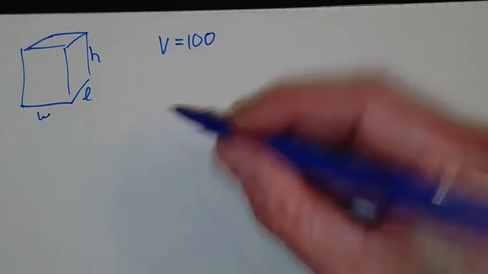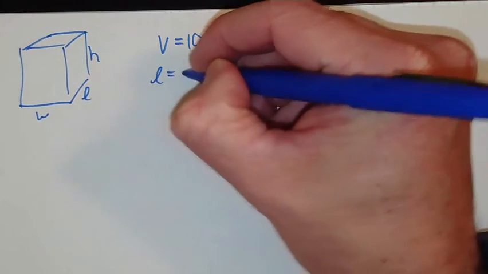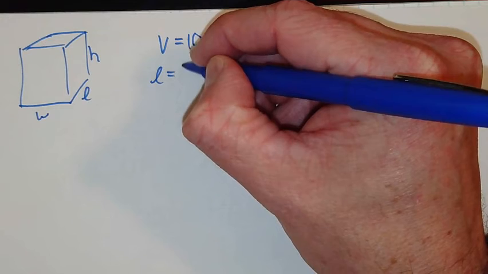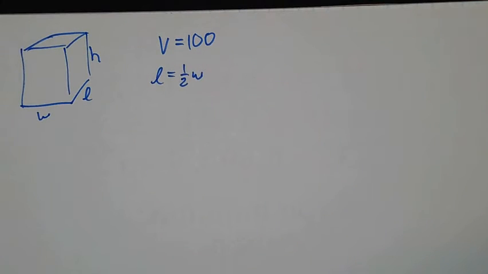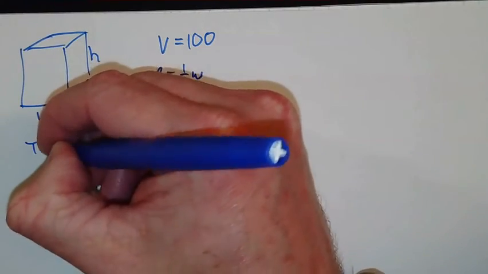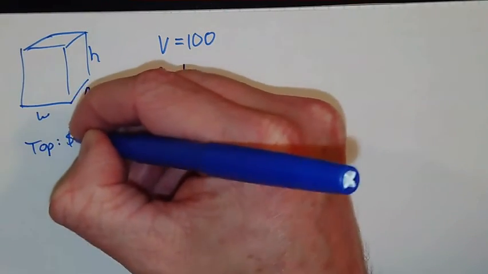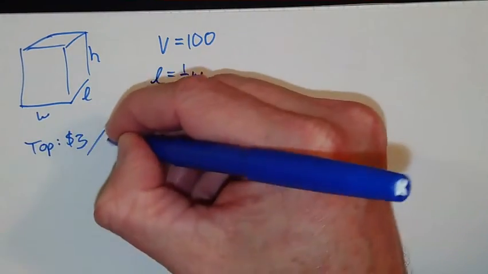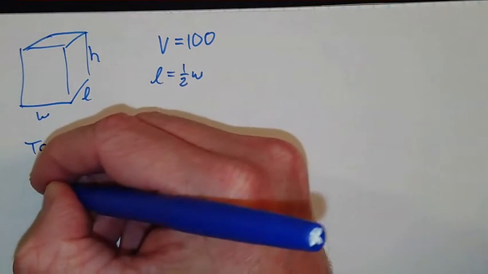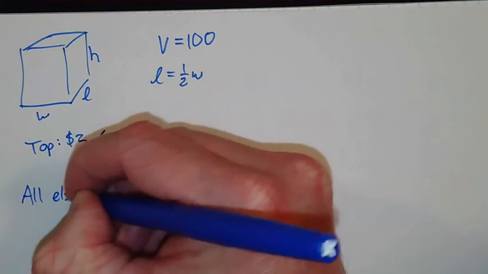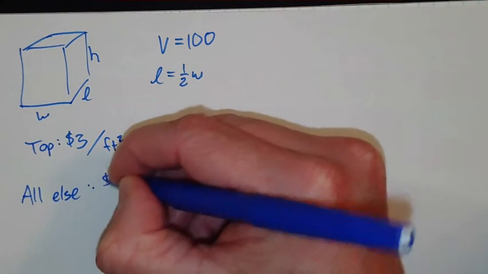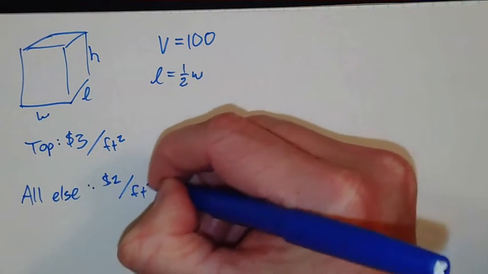That's one of the things that I'm given in the statement of the problem. So the length is half of the width, or maybe the width is twice the length, I suppose we could say. The top is $3 per square foot, and everything else is $2 per square foot.